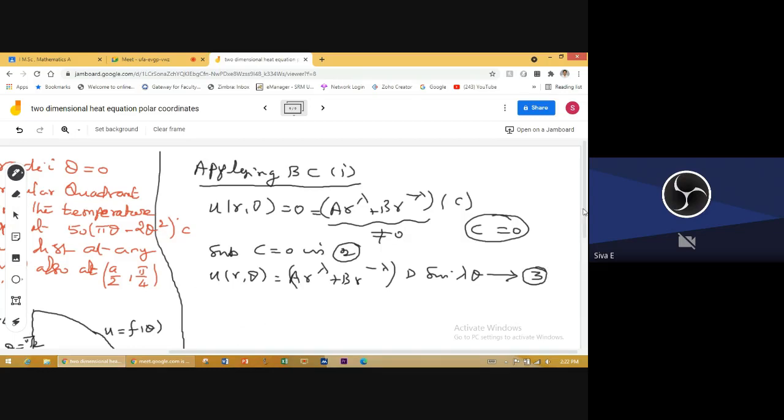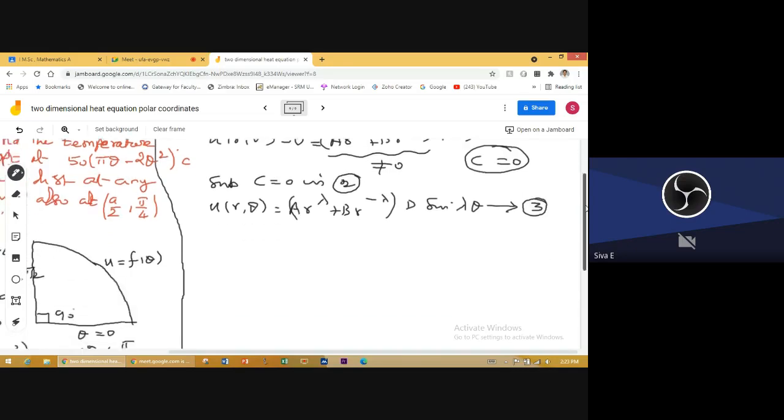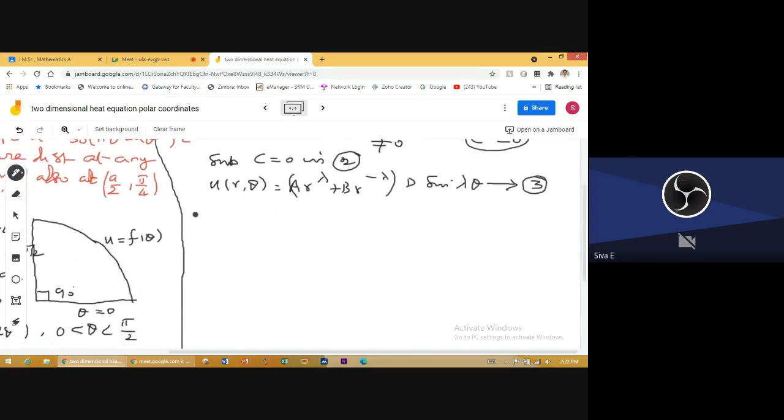It is the second boundary condition. Applying the boundary condition 2 means u of r comma pi by 2 equal to 0.